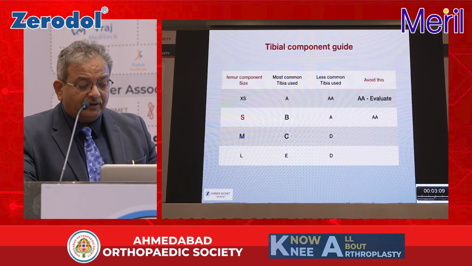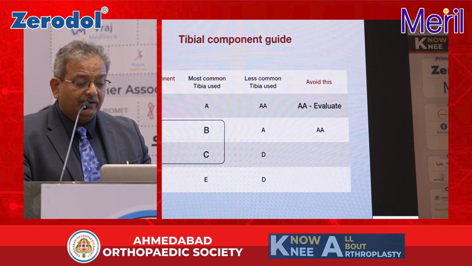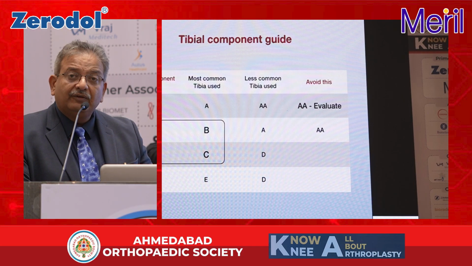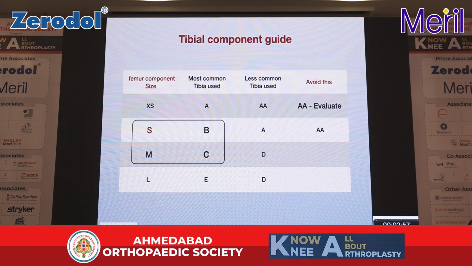This is so simple. In 99% of patients, you will have a small femur, B or A tibia, or a medium femur, C or D tibia, and 3 or 4 bearing you need. So this is an example of the least inventory you need when you perform the uni. It's very simple.